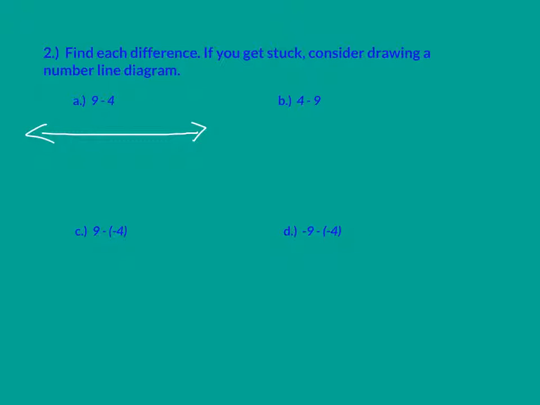I know that I've got to start, face, move, end. I'm going to be starting at 9. So I'm going to put my 9 right in the center here because I know that's where I'm going to start. Now, which way am I going to face? It says that I'm subtracting, so that means I face to the left.